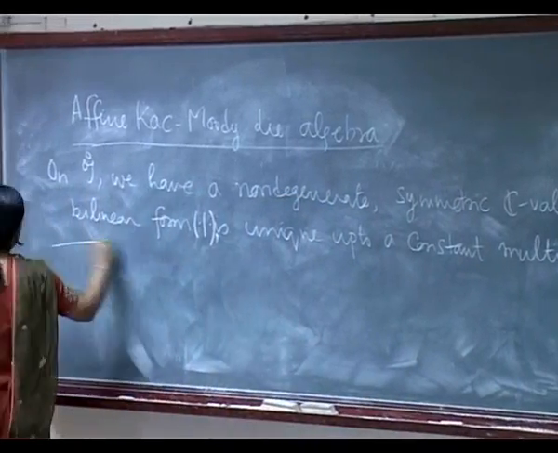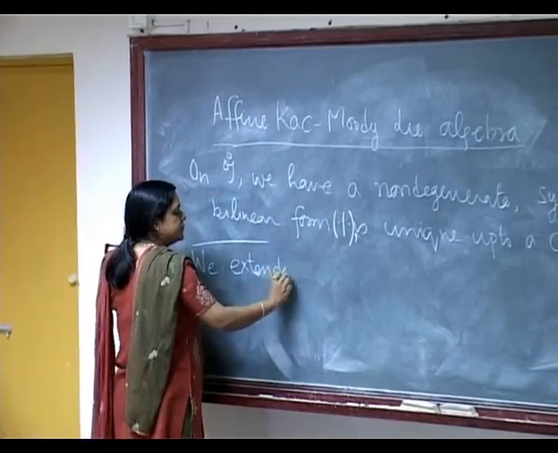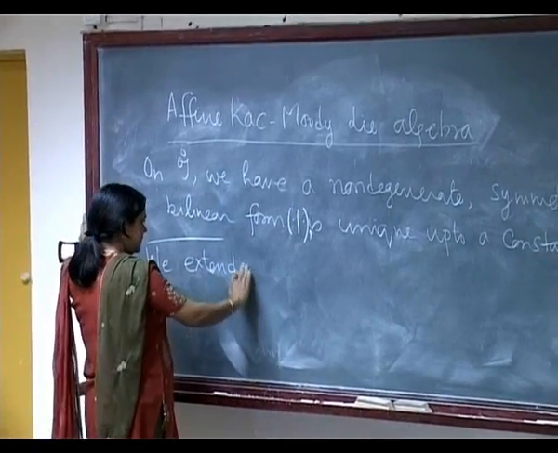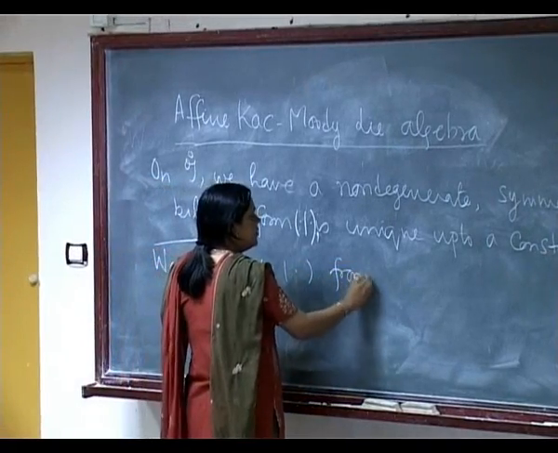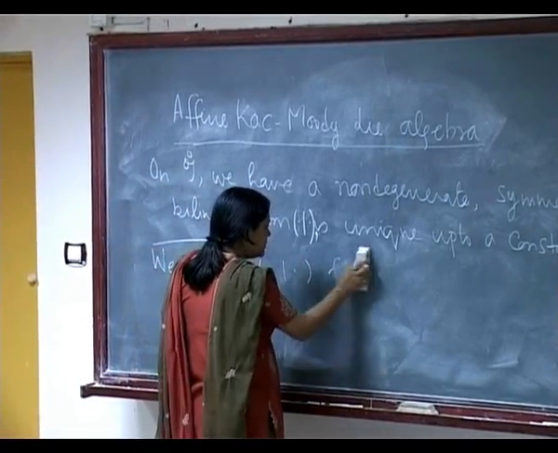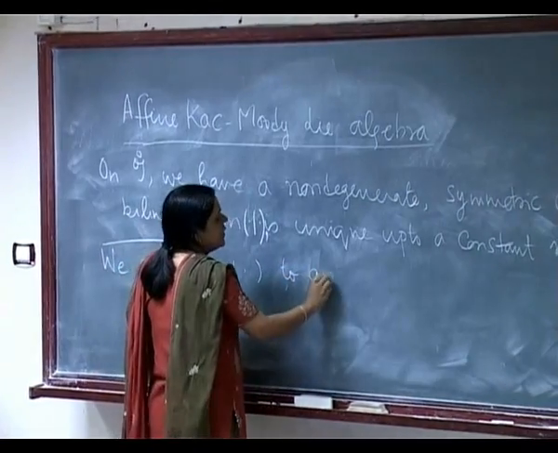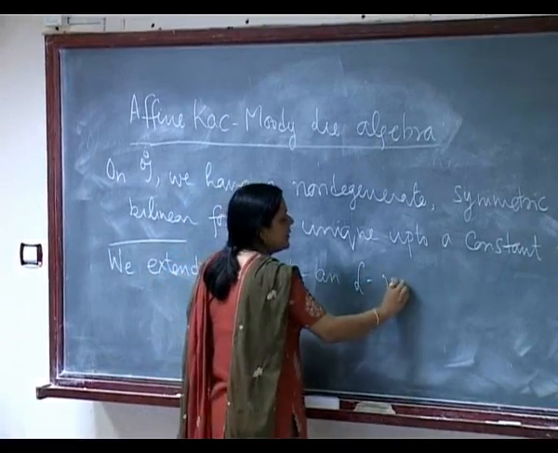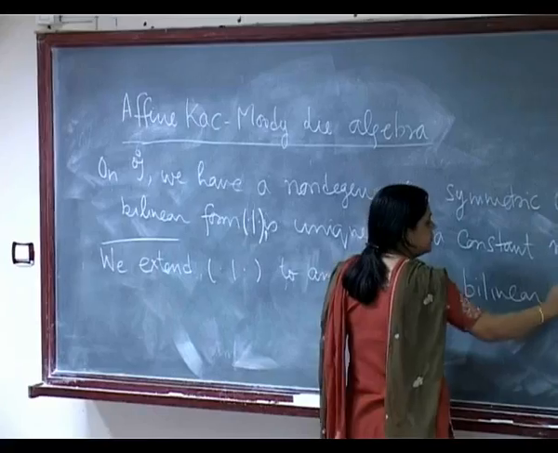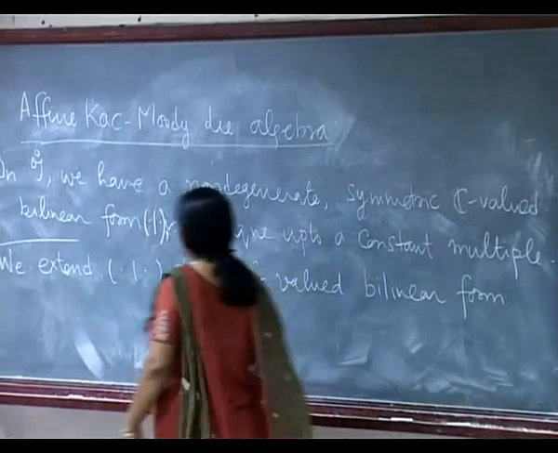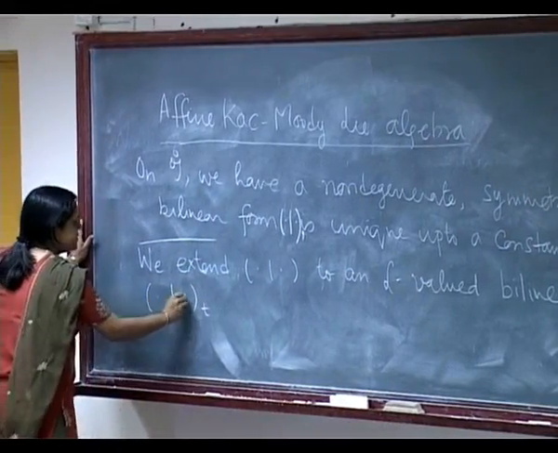Okay, so now we extend this bilinear form, so this is, we extend this to an L valued bilinear form which we denote by this.